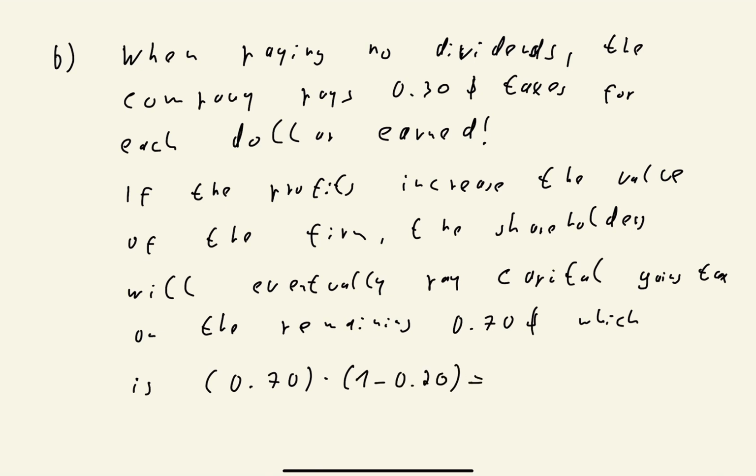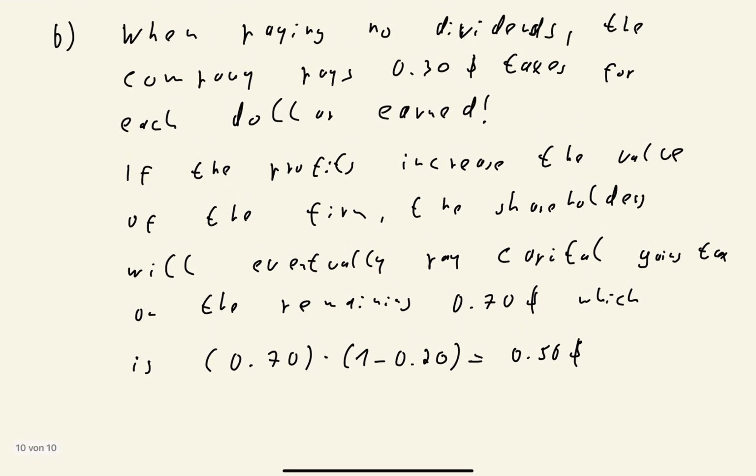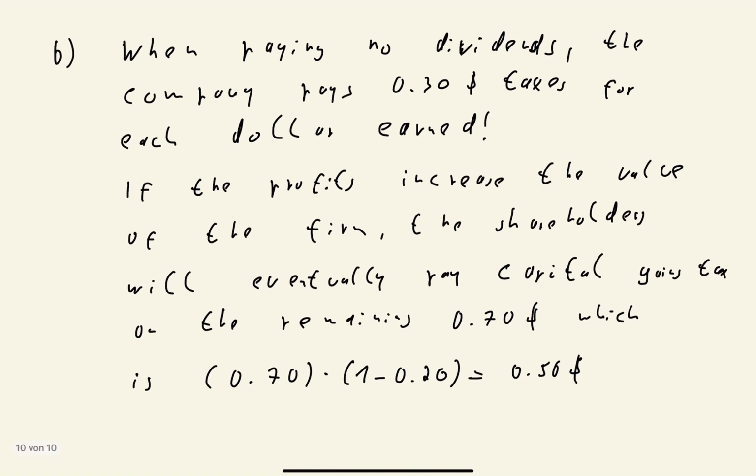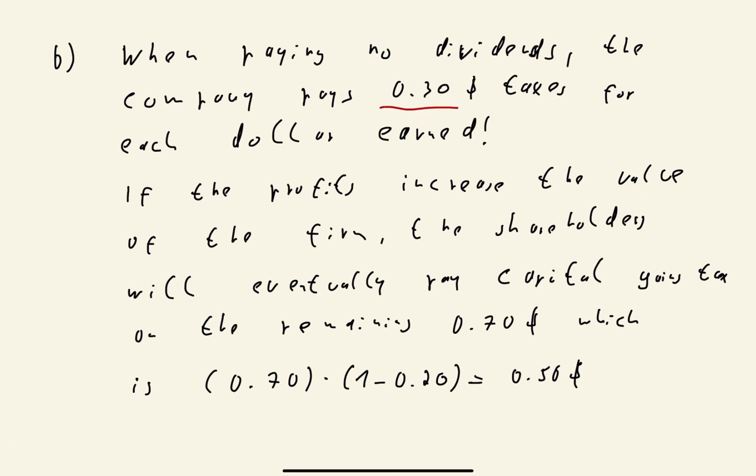This was the capital gains tax rate, 20%, and this is 0.56. This is the net gain of the shareholders if the company is increasing in value. If it's not, then we can ignore this and just pay attention to the fact that 30 cents of taxes are paid for each dollar earned if no dividends are paid out by the company.